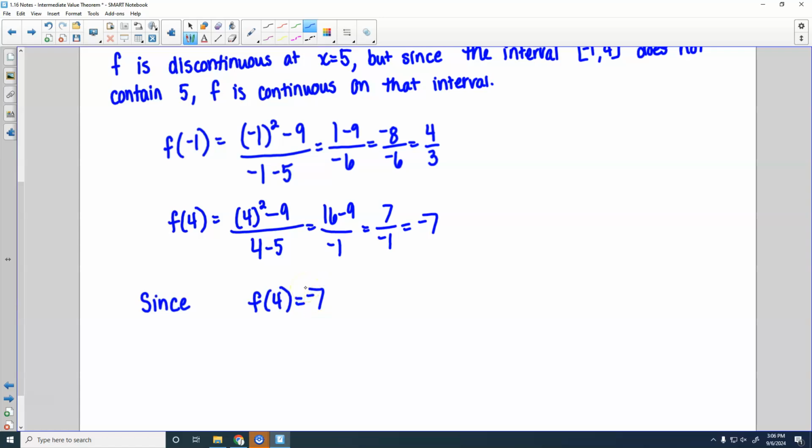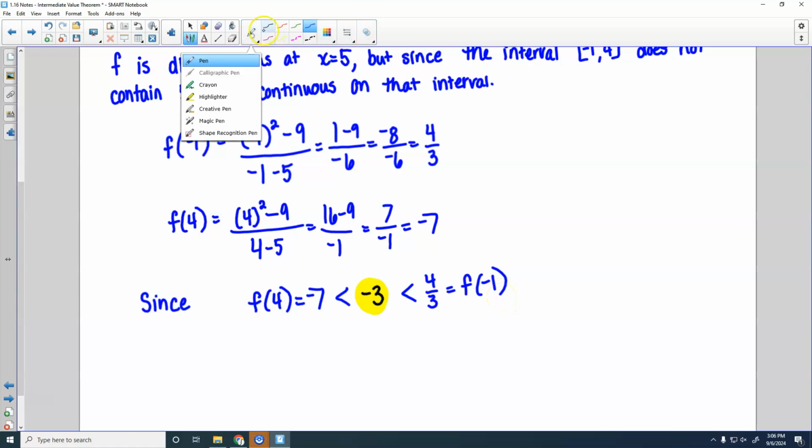That's kind of optional since you've already shown that it equals -7. That is less than -3, because -3 is that value that we are concerned about crossing, right? Which is less than 4/3, which is what we got for F of -1.